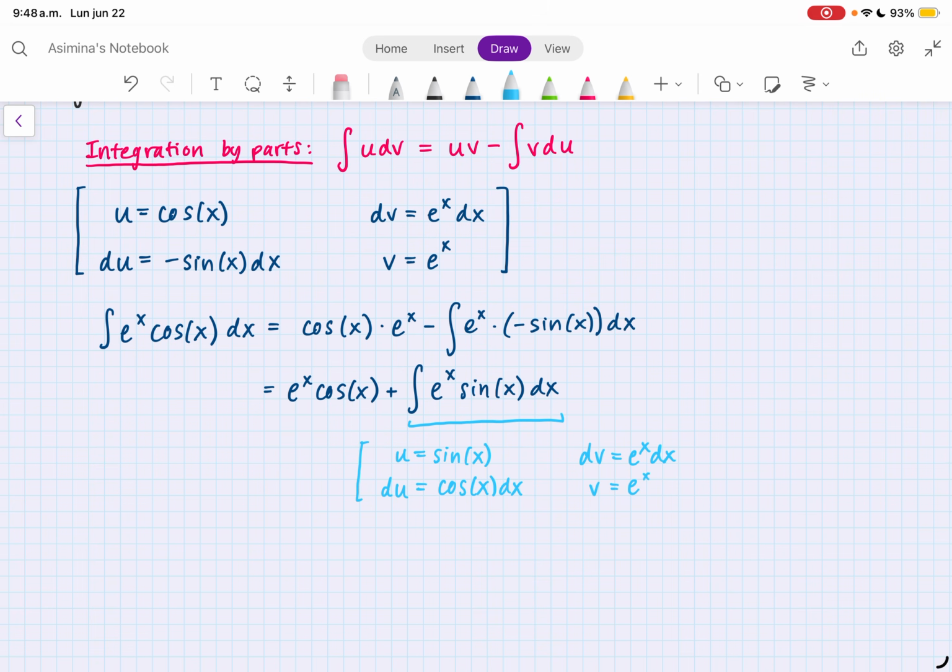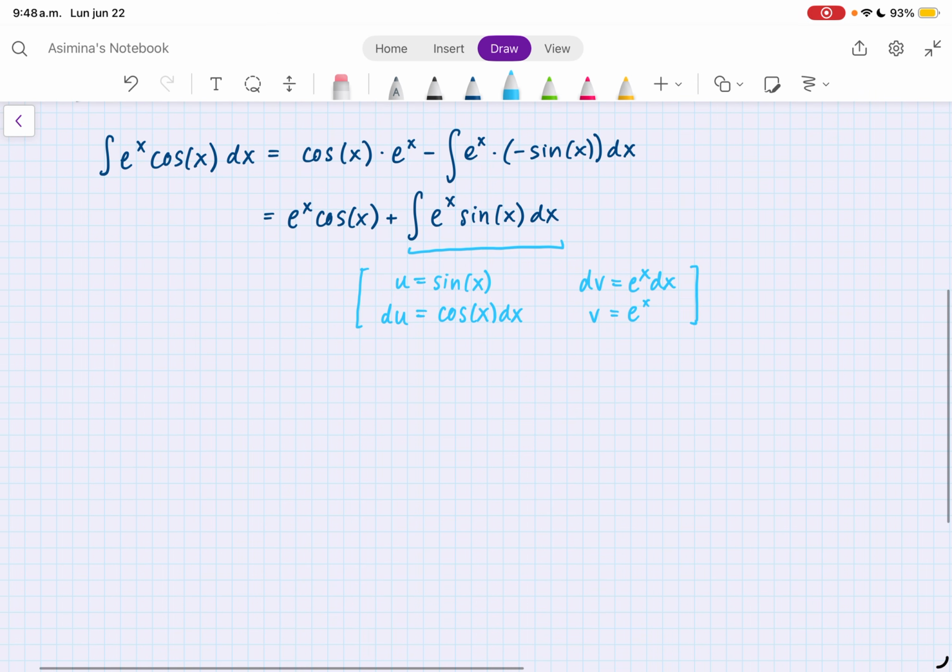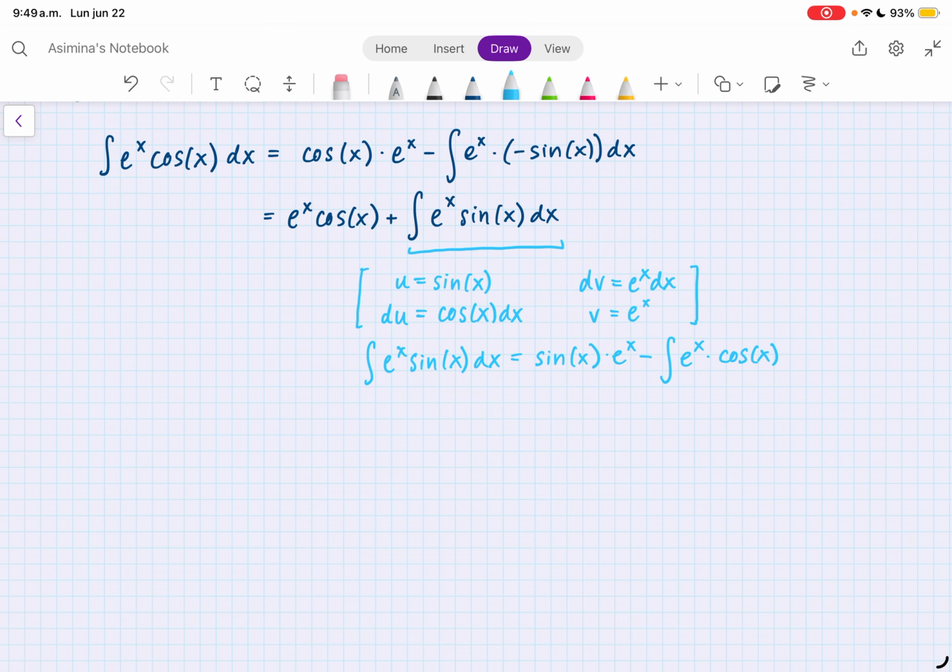Great, so now we have the integration by parts set up for this integral. So what does this tell me? This tells me that the integral of e to the x sine of x dx equals u, which is sine of x, times v, which is e to the x, minus the integral of v, which is e to the x, times du, which is cosine x dx.